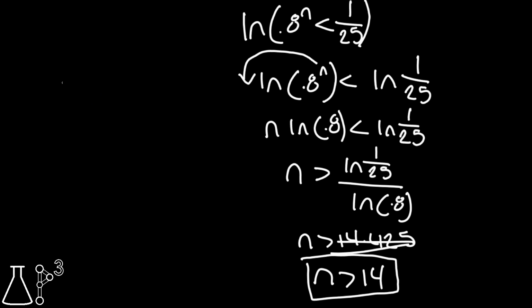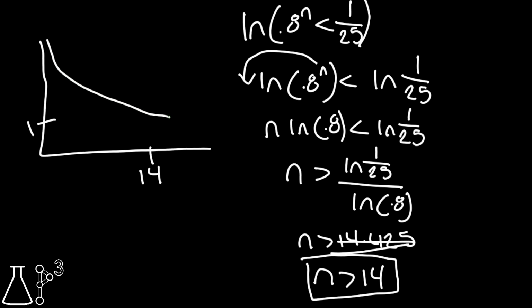Because if we were to graph it, here, I'll just do a quick little sketch of the graph over here. So you can see if this is 1, right, and this is 14, basically the graph's going to look something like this. It's going to go, and it's not going to go below 1 until just past 14.